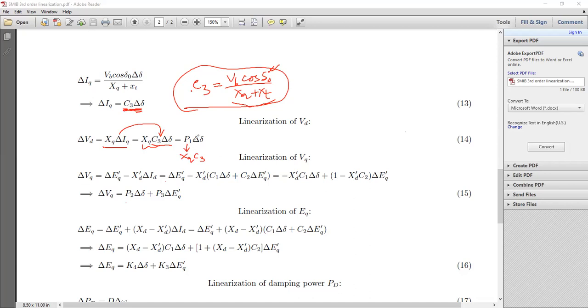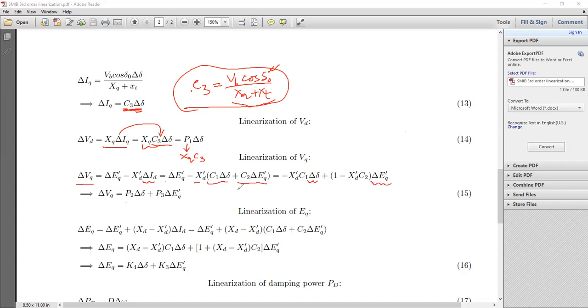P1 is another constant. VQ was linearized in this form, del EQ dash minus xd dash del ID. So we have to replace del ID. And del ID, in the previous page, we saw was C1 del delta plus C2 del EQ prime, multiplied by xd dash. Then you just group the variables. We have two state variables: del delta is one of them, del EQ prime is another.